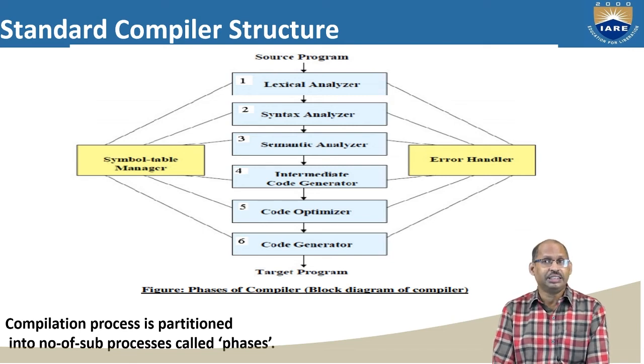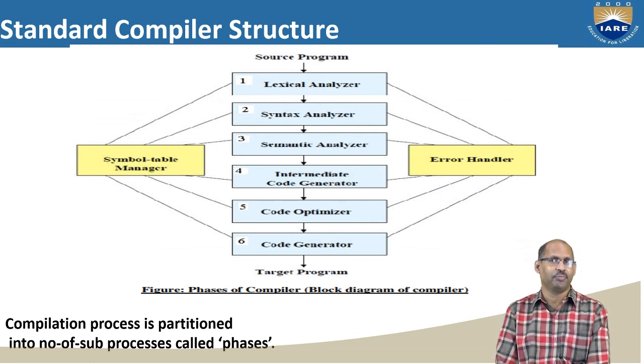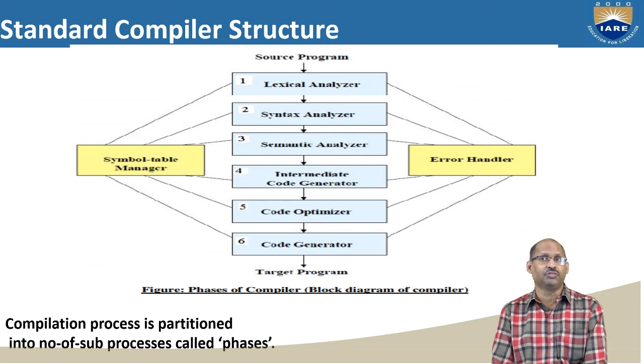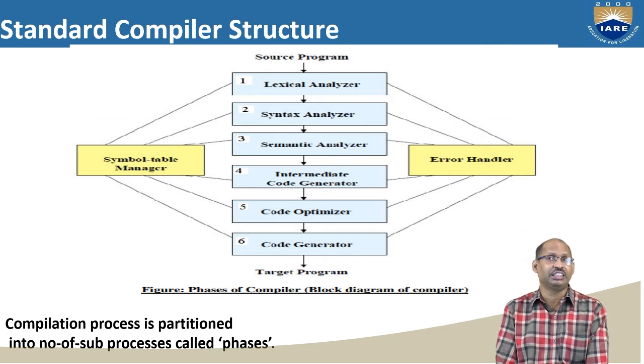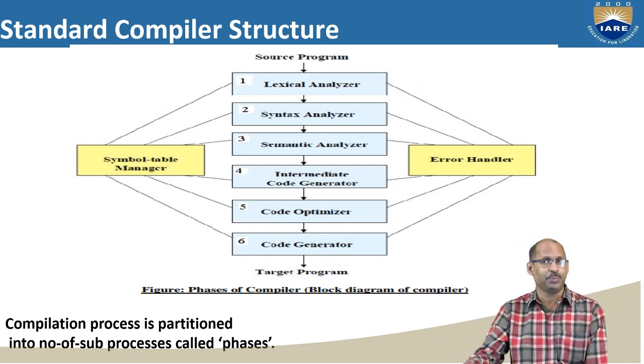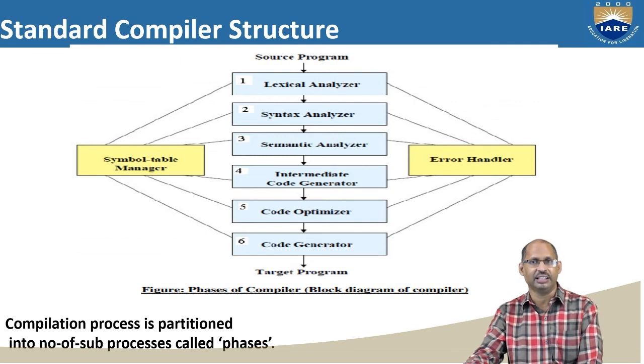These are the 6 phases of a compiler which convert the given source program to the target program, where each one does a separate complex task and changes one form of the source program to another form, and uses and updates the symbol tables and other handlers.